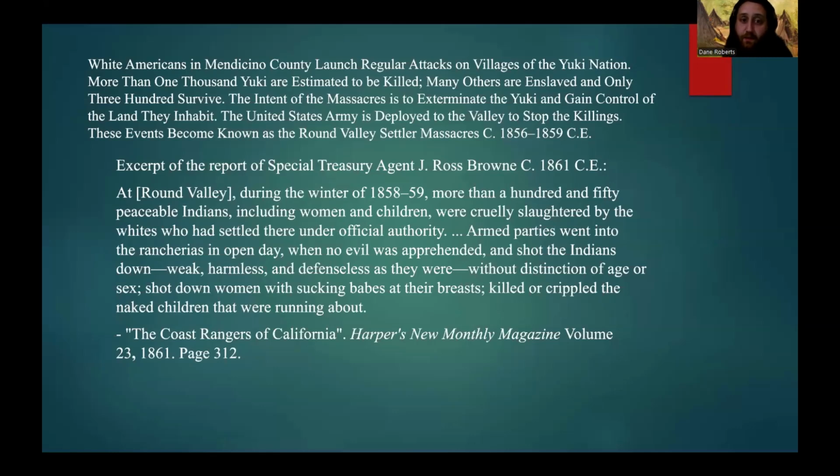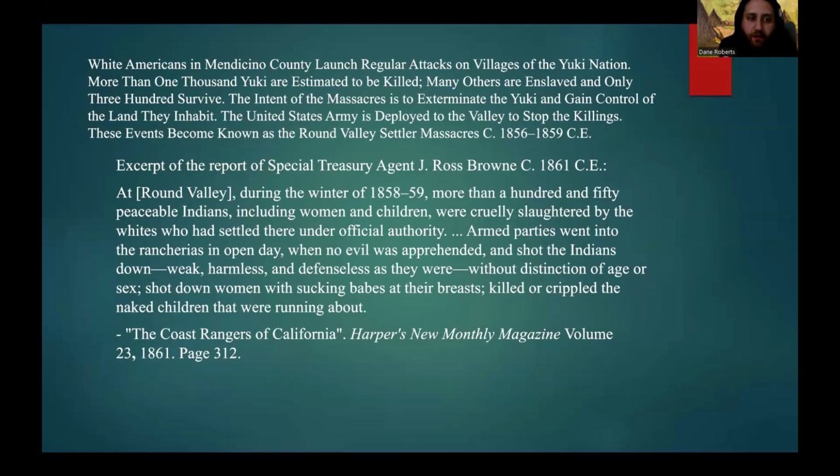The intent of this massacre was absolutely to exterminate the Yuki and to gain control of the land that they inhabited. The United States would actually, uncharacteristically, be deployed to the valley to stop the killings, with these events becoming known as the Round Valley Settler Massacres.